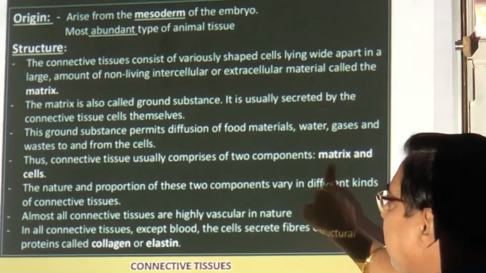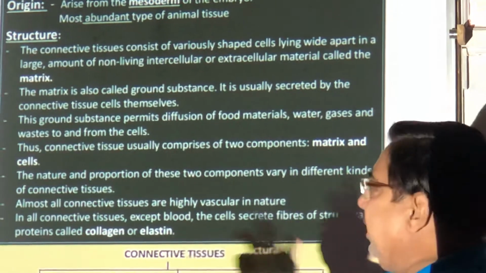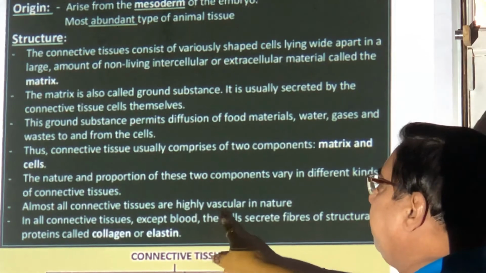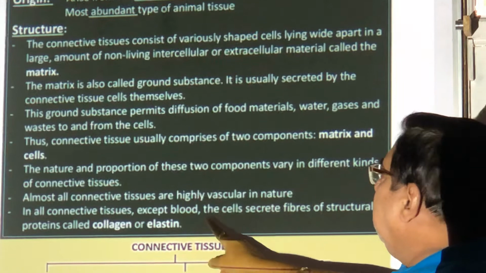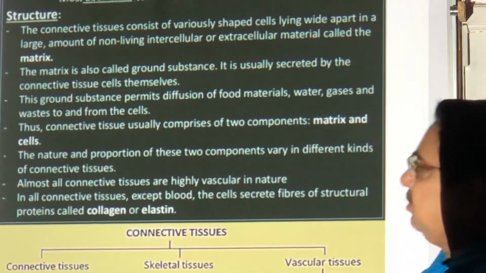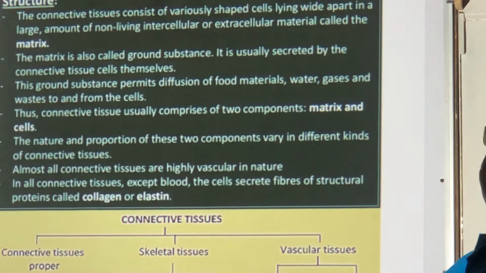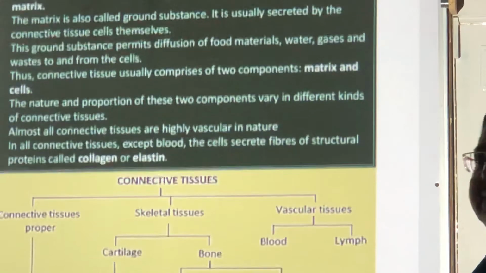Then there are cells. And different tissues have more cells, more matrix, or less matrix. They have blood supply, highly vascular. Except blood, other tissues have fibers. Blood does not have fibers. Okay? And fibers are of collagen or elastin, which we are going to study in detail.